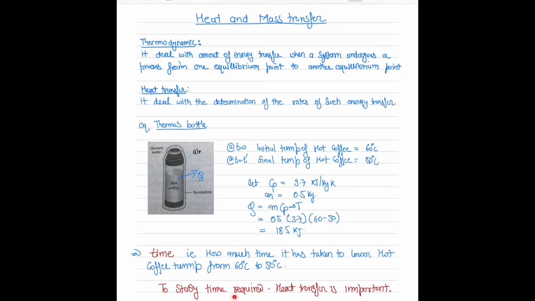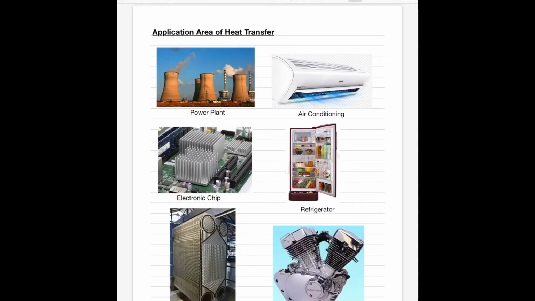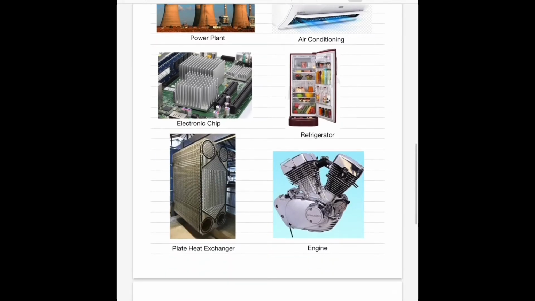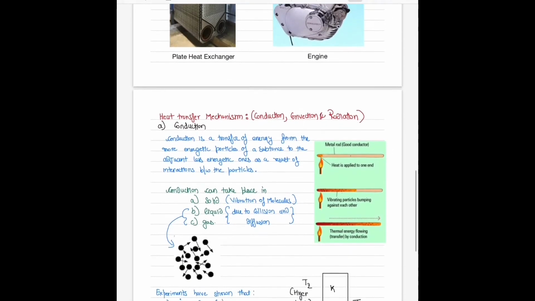So in order to study the time required, heat transfer is important. Heat transfer has wide engineering applications, such as in power plants, air conditioning, electronic chips, refrigerators, plate heat exchangers, and engines. It also has many applications in other fields.